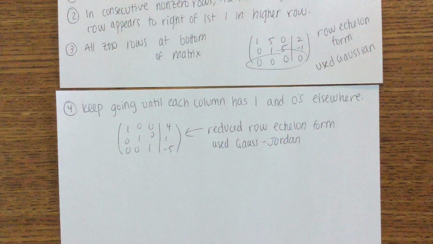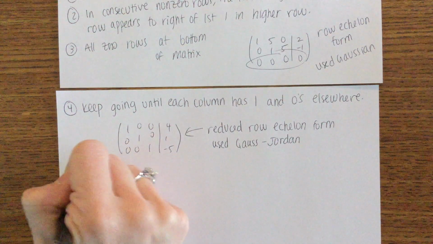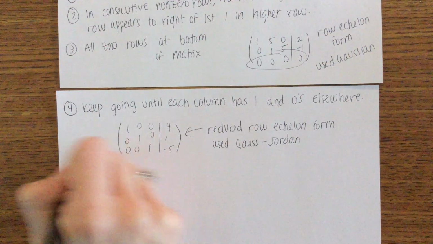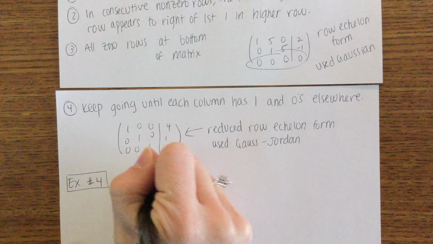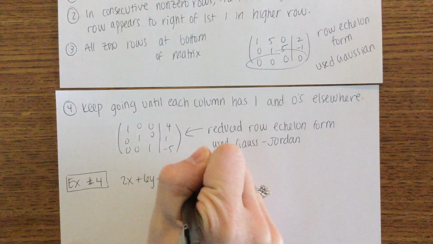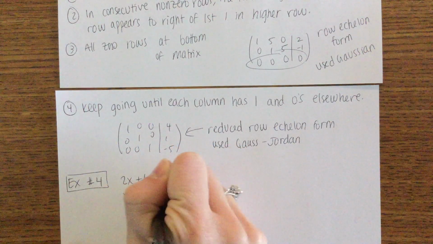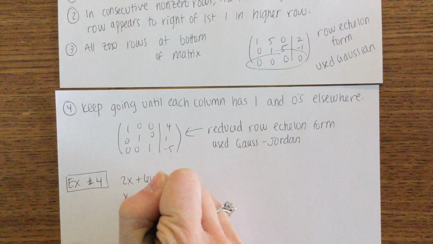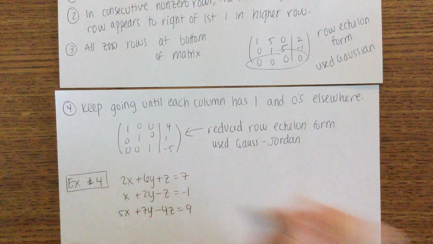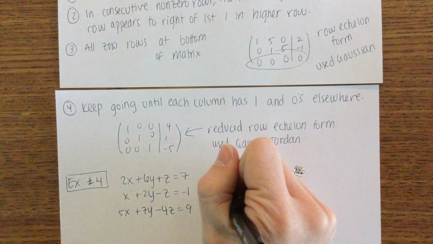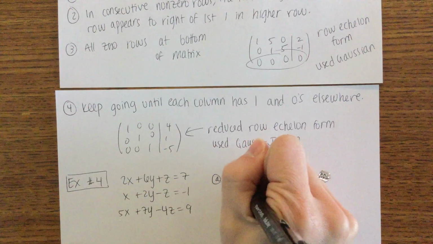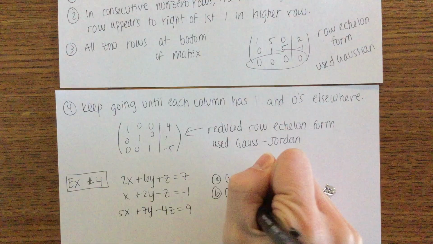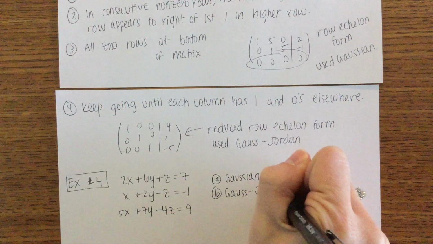Okay. Is this example 4, I think. So we're going to solve this system first by just plain old Gaussian elimination, and then we're going to do Gauss-Jordan.